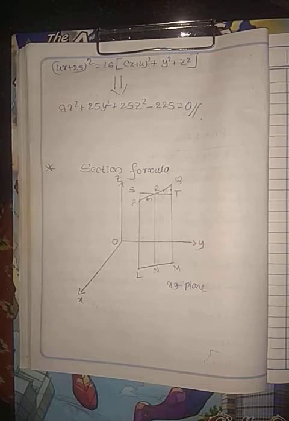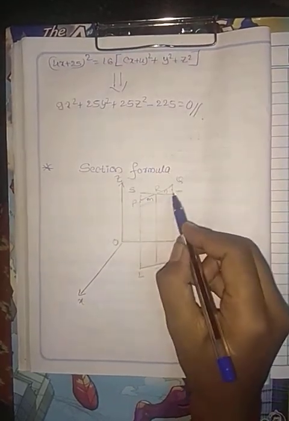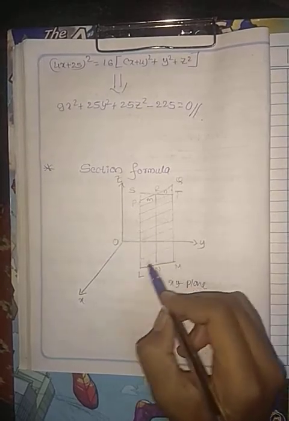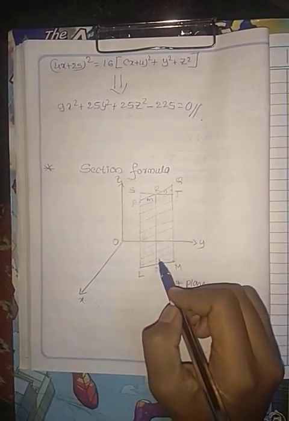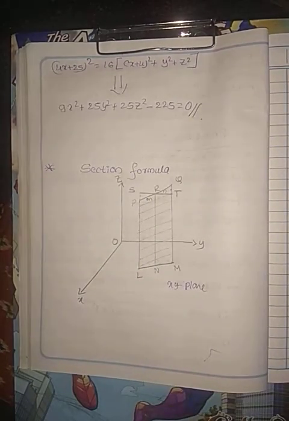So first, let P and Q be any two points x1 y1 z1 and x2 y2 z2, and the point R divides PQ internally. This is for the internal division and this is for the external division values.